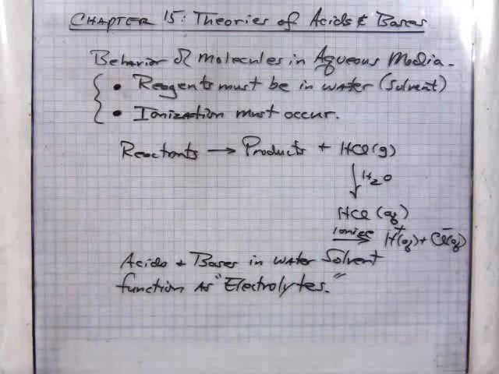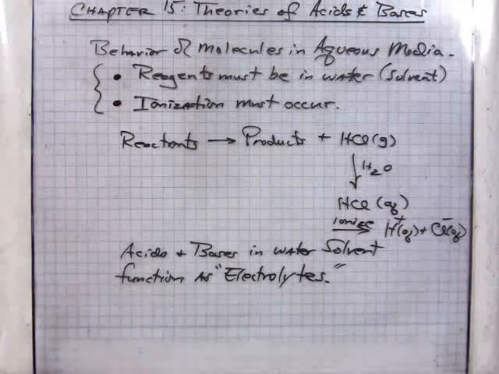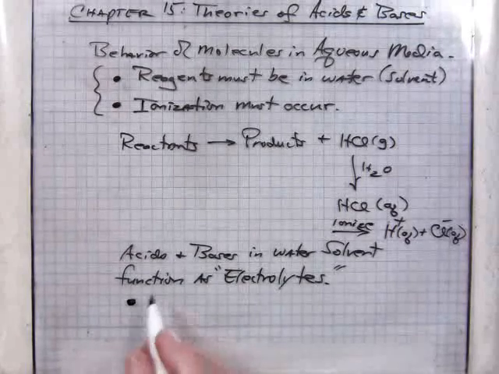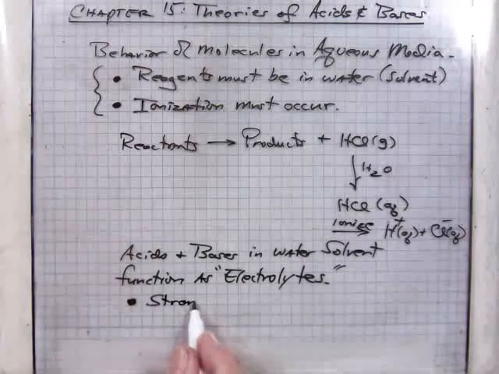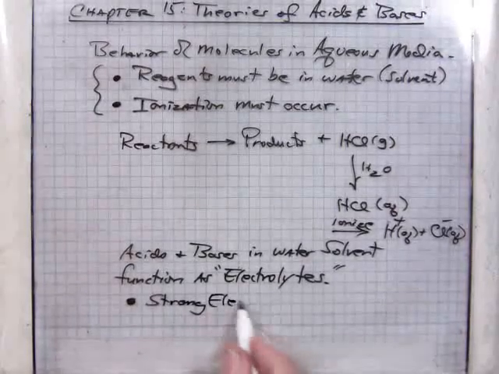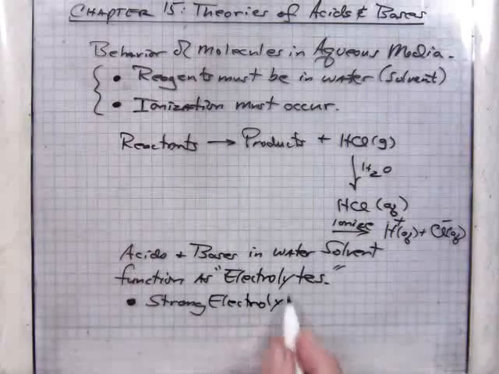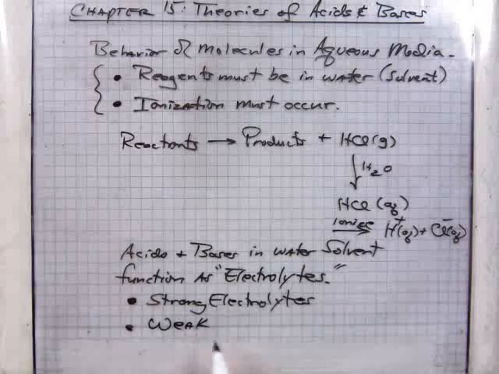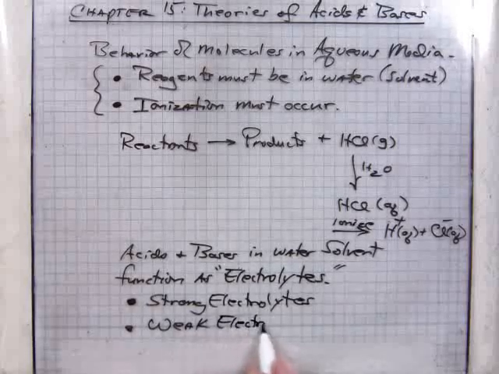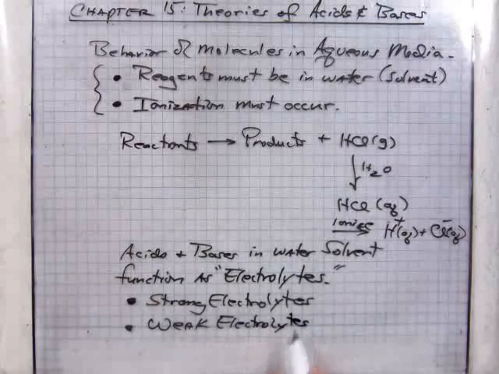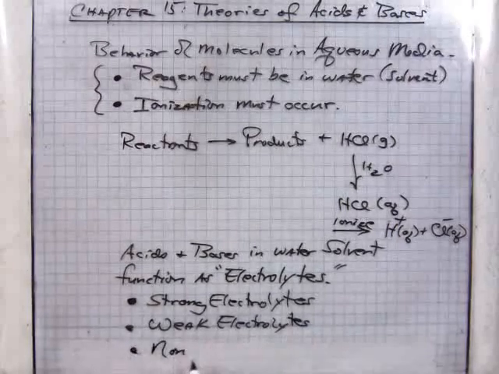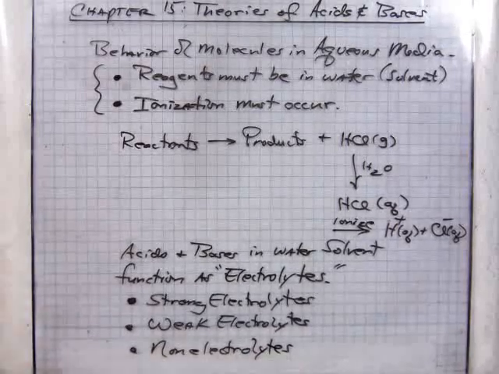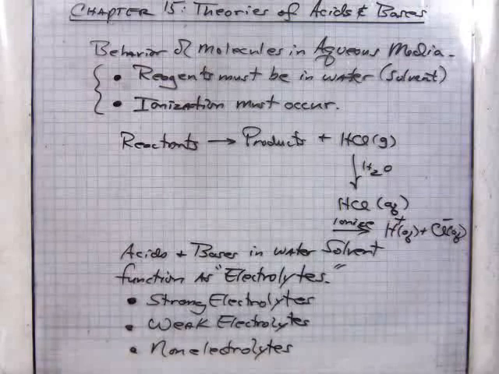In classifying the electrolytes in this study, we have three forms of electrolytes. Well, actually, one's not an electrolyte. Strong electrolytes, weak electrolytes, and non-electrolytes. Which you understand now, some of them don't ionize.